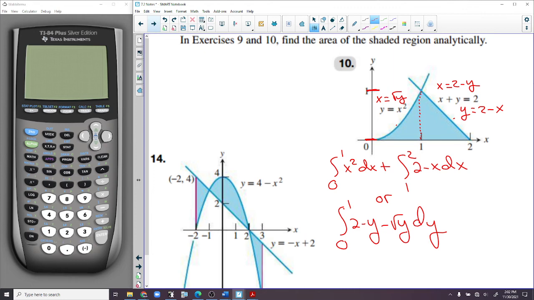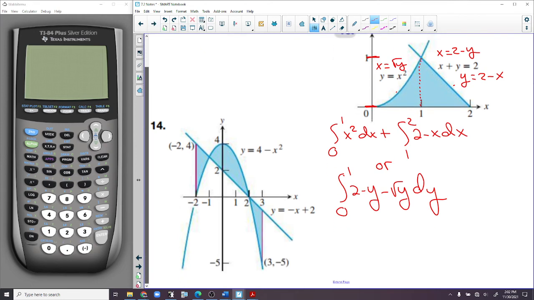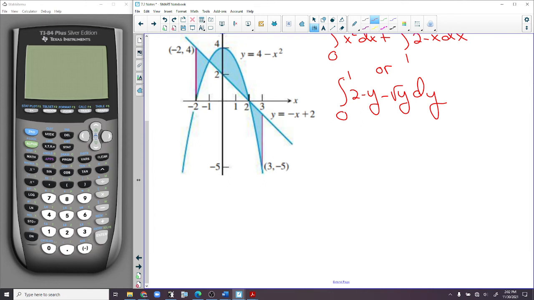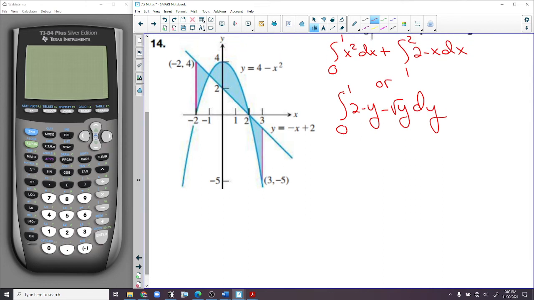So I picked 10 because you can split it. You got choices. 14, I picked this one because they keep switching positions, the top and the bottom. Now they're both y equals, but it's line over parabola. So we go -2 to -1 of negative x plus 2 minus 4 minus x squared, top minus bottom.